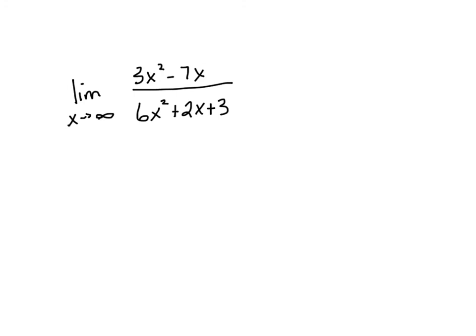L'Hopital's rule works for the indeterminate form of infinity over infinity. So imagine plugging infinity in here. We would definitely get infinity over infinity. So we take the derivative of the top, the derivative of the bottom, plug in infinity, and we get infinity over infinity again.